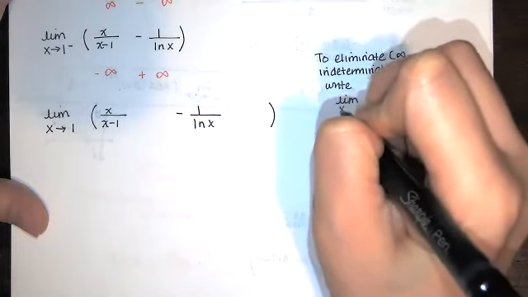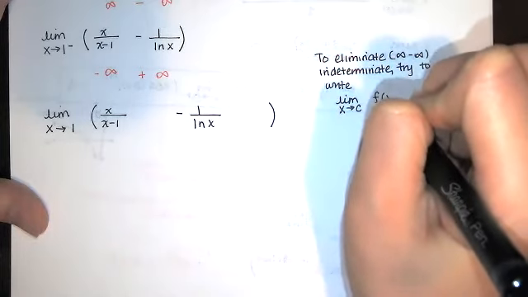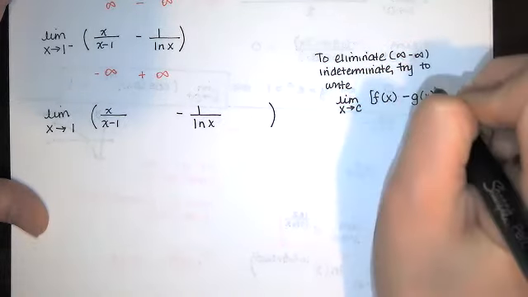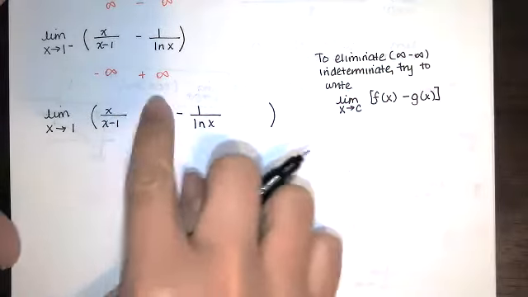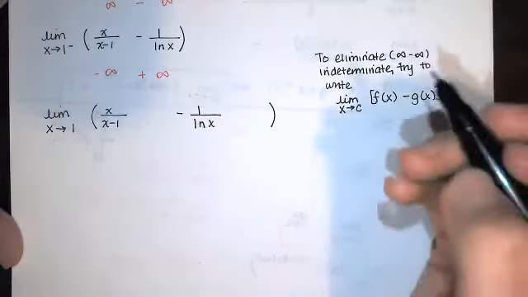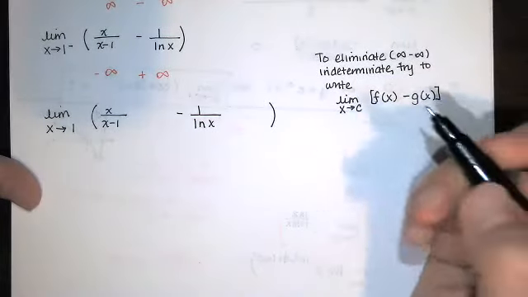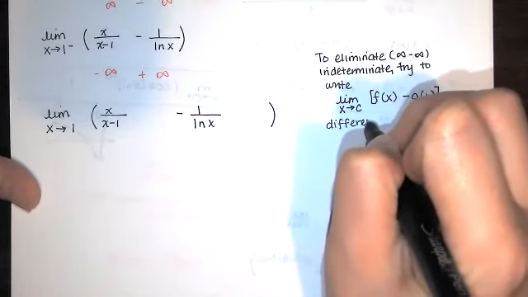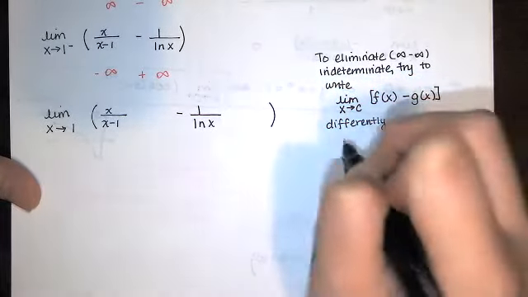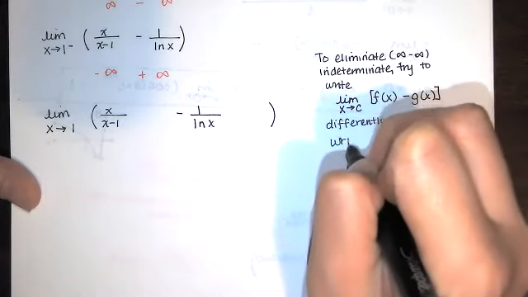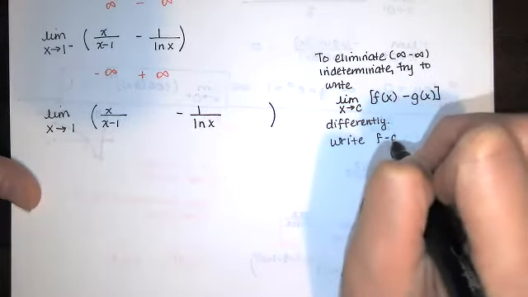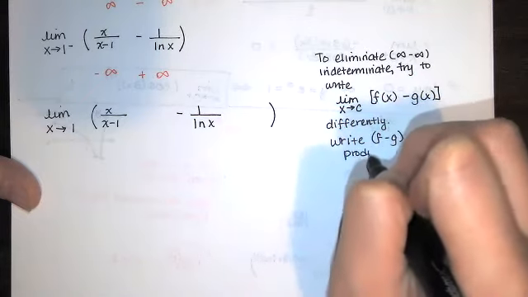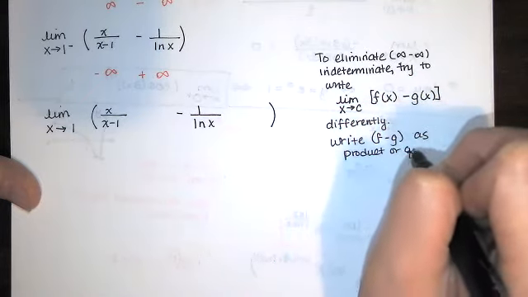You've got the limit as x approaches c of f minus g, or f plus g, and they have the opposite signs, something like that. You want to write this differently. And the goal is to write f minus g as a product or a quotient somehow.